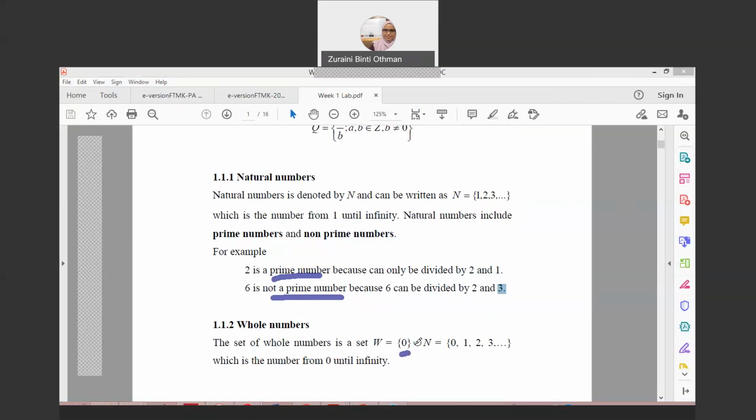Whole number ialah 0 union, ingat set balik, union dengan N, iaitu natural number tadi tambah kosong saja kita dah kata dia ialah whole number. Okey, whole number ialah kosong, 1, 2, 3 sehingga positif infinity, nombor-nombor bulat yang lagi-lagi besar.